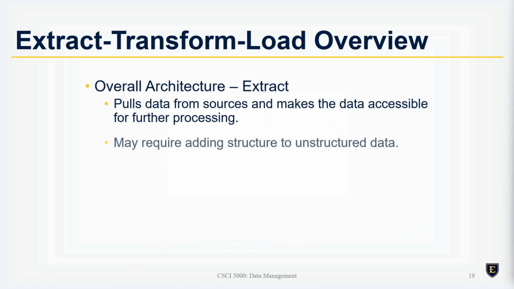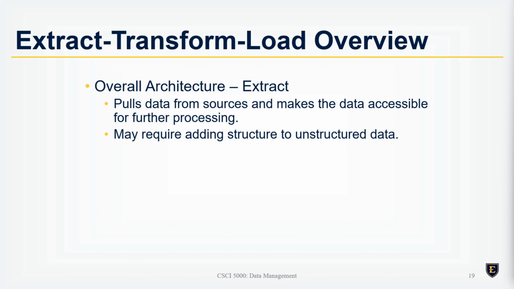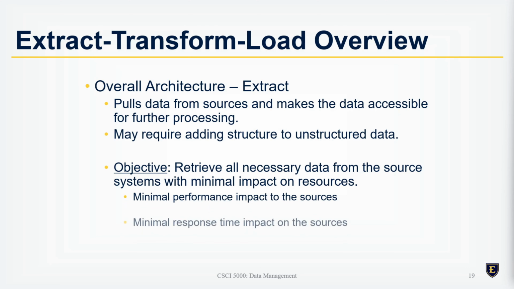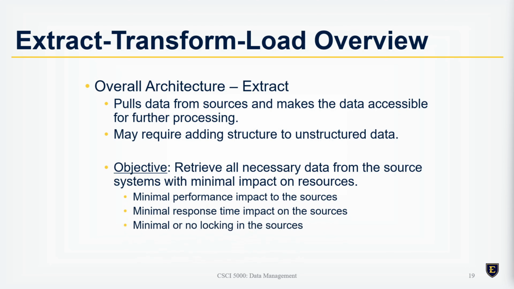The extract process pulls that data from those sources and makes the data accessible in a staging area for further processing. And it may require that you add structure to unstructured data so that you can manipulate it a bit. So overall, the objective of the extract process is to retrieve all the data that you need from all the sources that you have, with an impact that does not really affect those resources as much as it could.